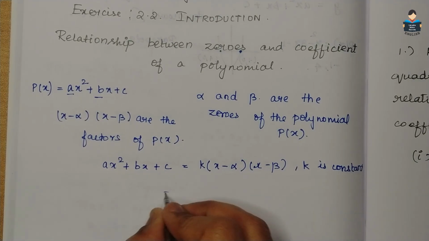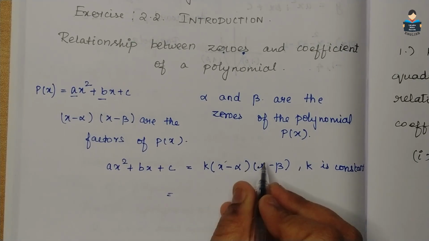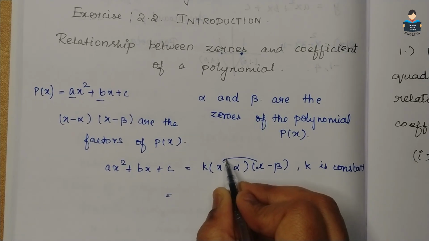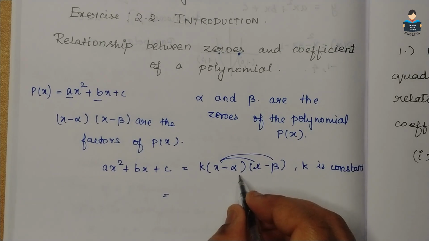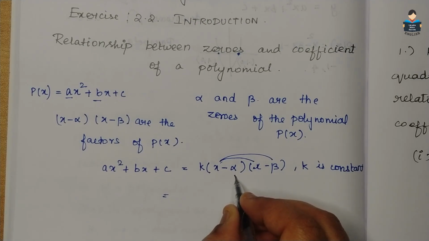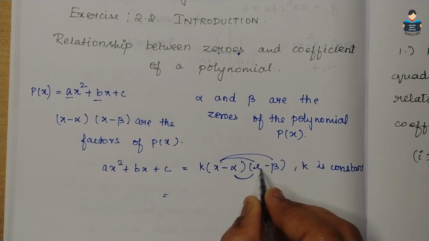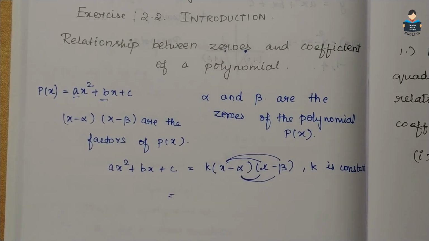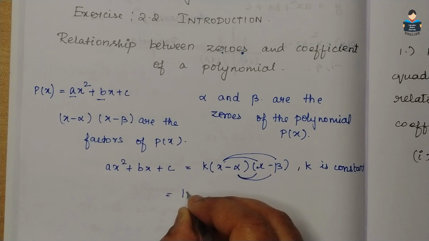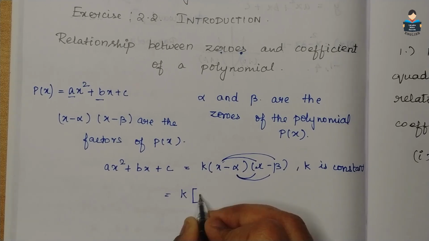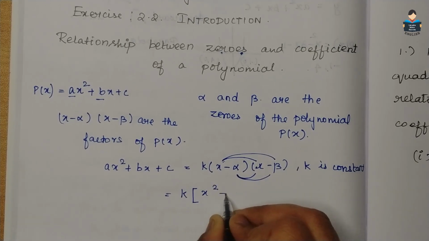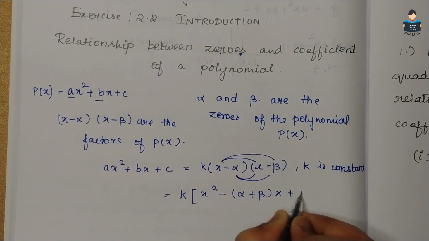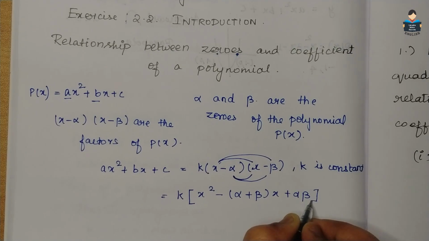When I multiply this, that is x with x and with minus beta, and the next term, minus alpha with x and minus alpha with minus beta, I will be getting a quadratic polynomial, that is k into x square minus alpha plus beta into x plus alpha into beta.